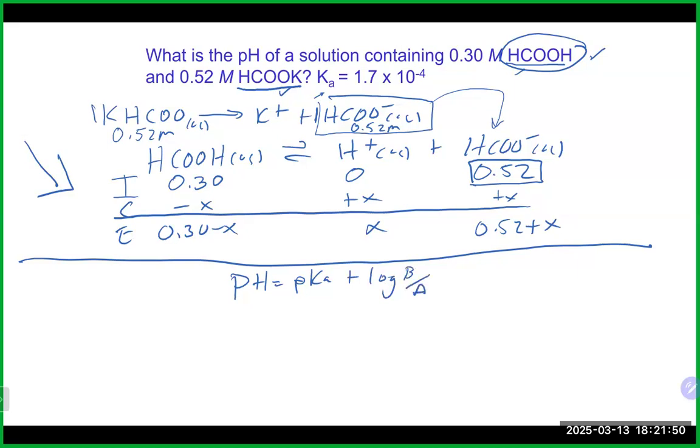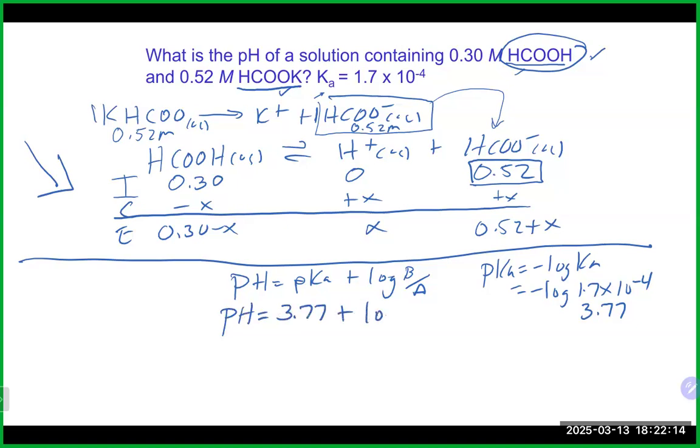Here we would need to calculate our pKa value, which is minus the log of the Ka, that is minus the log of 1.7 times 10 to the minus 4, which is 3.77. That gives us a pH equal to 3.77 plus the log.